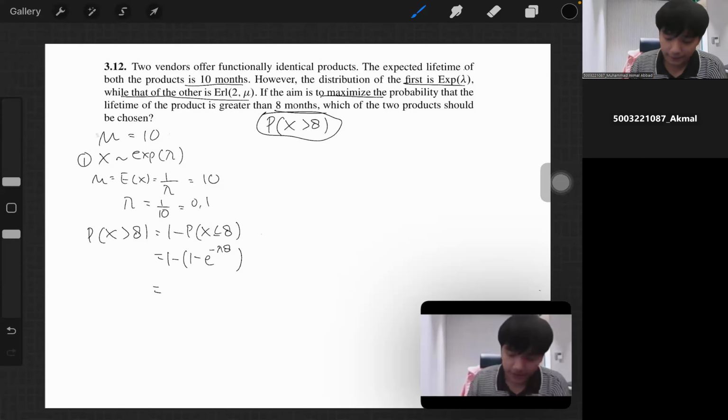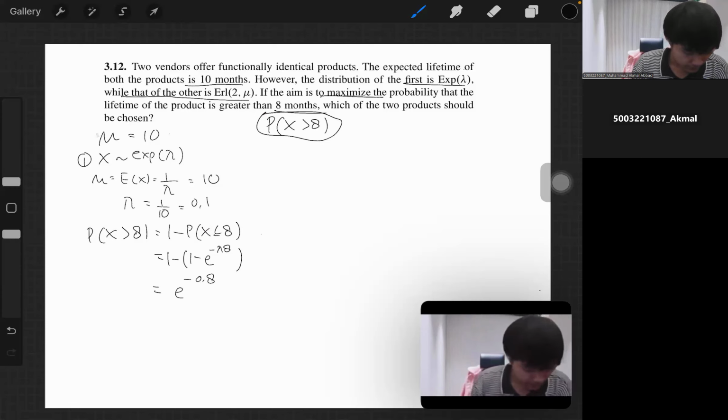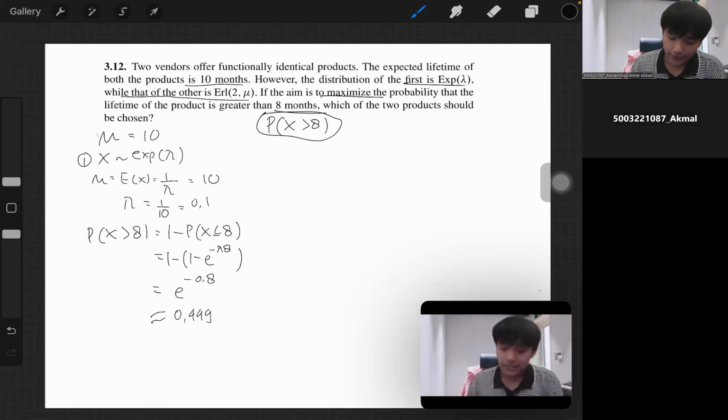So we get lambda is 0.1, and we get the exponential of minus 0.8. And we get that for the first product the probability that the lifetime is greater than 8 months is 0.449.